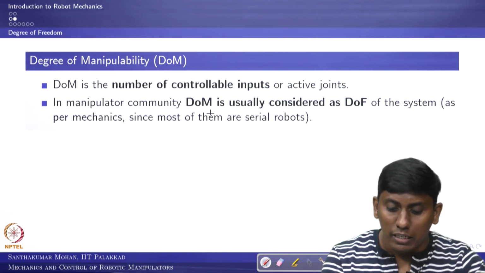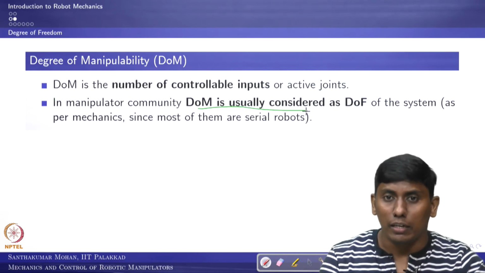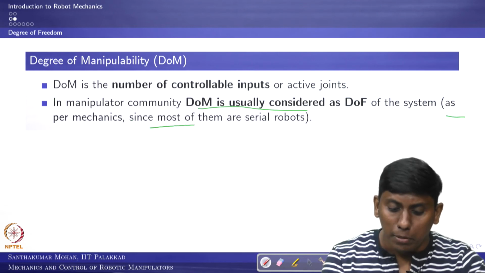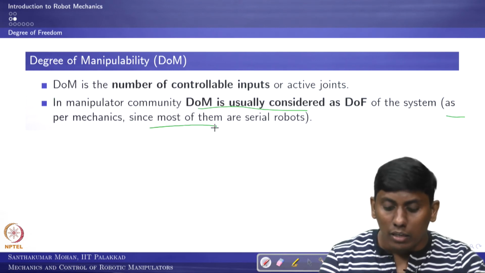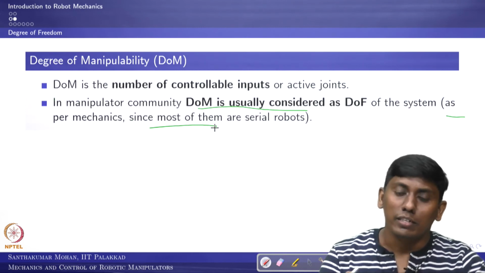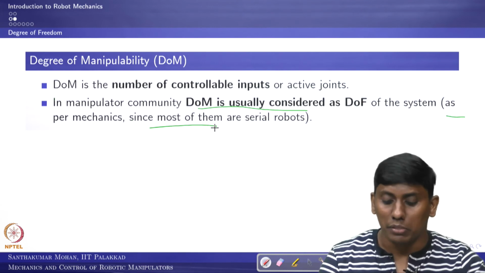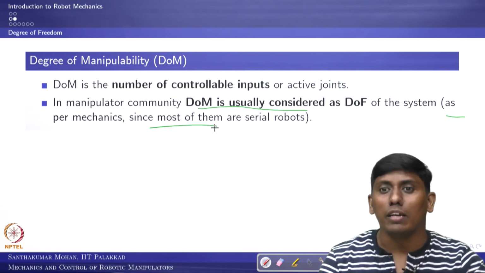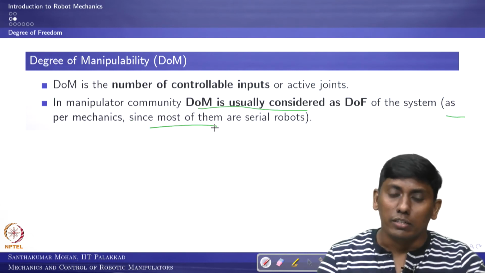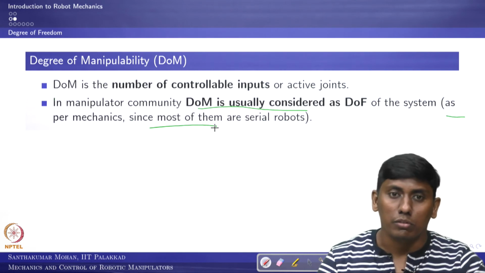Further, this manipulability, as I already said, is usually considered as the degrees of freedom, because as per mechanics most robots are serial, and the number of degrees of freedom is less than or equal to 6, in the sense controllable axes would be a maximum of 6. If you have a redundant robot, then strictly speaking you cannot call it a 7D system, but commonly we say it is a 7D system or 8D system.